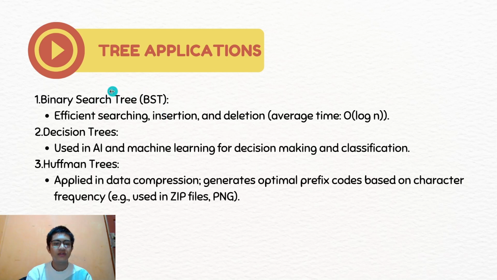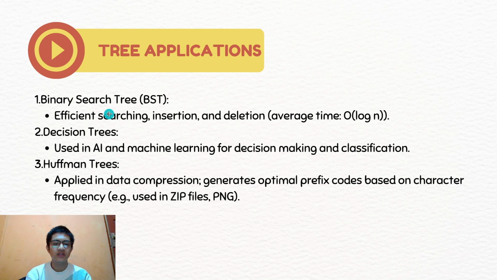Trees are not just theoretical; they're incredibly practical too. Here are some key applications. One, binary search tree or BST, used for efficient searching, insertion, and deletion. On average, these operations take O(log n) time.